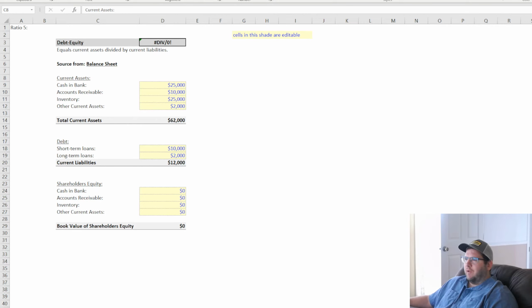Let me go back here. So assets. So we want preferred stocks. Now, preferred stocks, how is that shown on a balance sheet? I'm assuming that's just an asset. Let me see here.